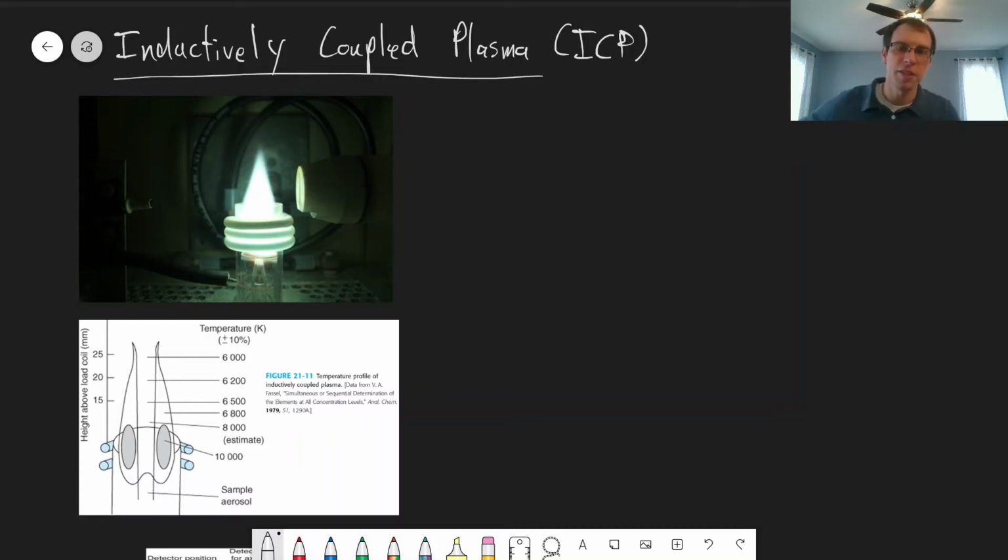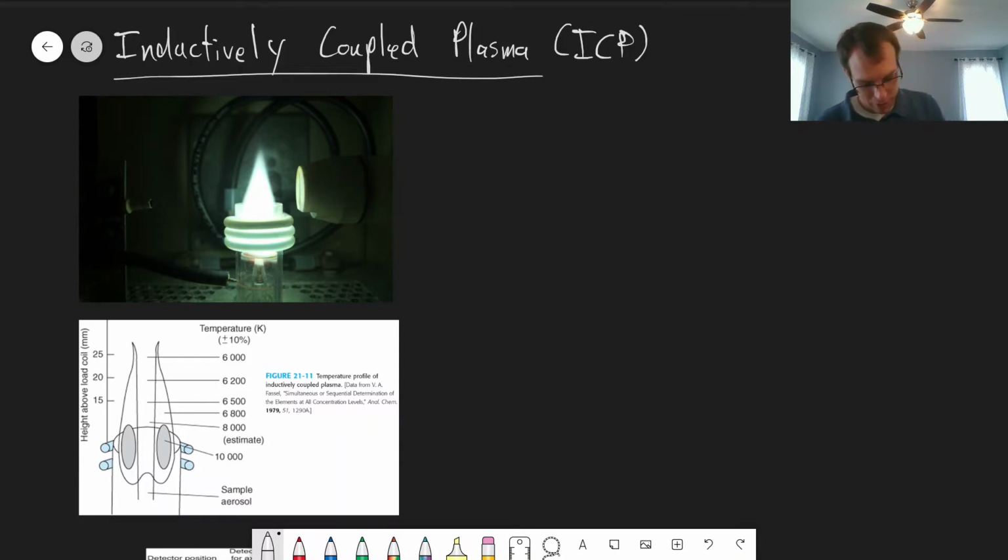The final atomization source we're going to look at is the inductively coupled plasma, or ICP, as it's most commonly known. This is kind of like a flame in that you are inserting your sample into a really hot thing, but it's a plasma instead of a flame.